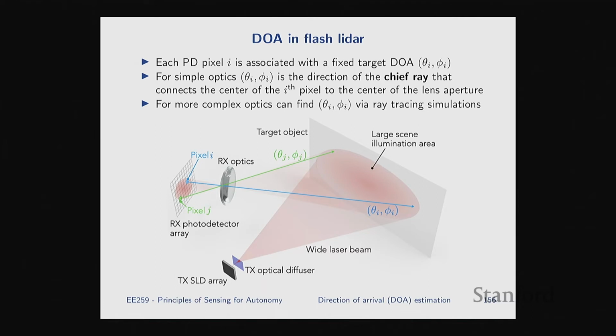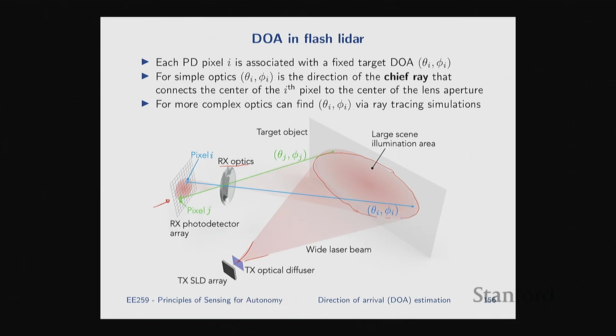On the receive side, we have an array of photodiodes, kind of like a camera sensor. It has multiple pixels, and then it has some optics in front of it. On the transmit side, they transmit a very diffuse, wide laser beam that illuminates a very large area in the scene. And then the receiver essentially takes an image of it, except instead of an RGB image, it's a time of flight image. So every pixel measures time of flight.